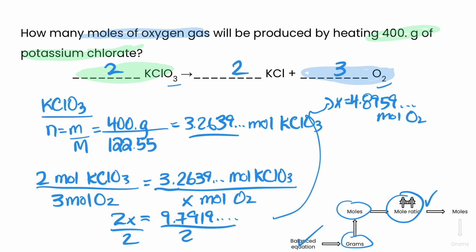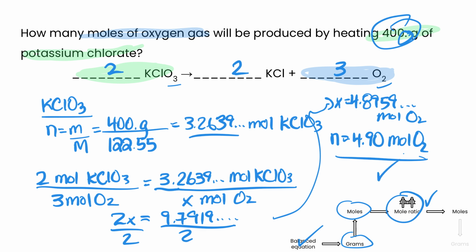Now finally, looking at our question, we have 3 significant digits here because that decimal place means all 3 are significant. So rounding off to 3 significant digits means that we have 4.90 moles of O2. And that is that problem solved.